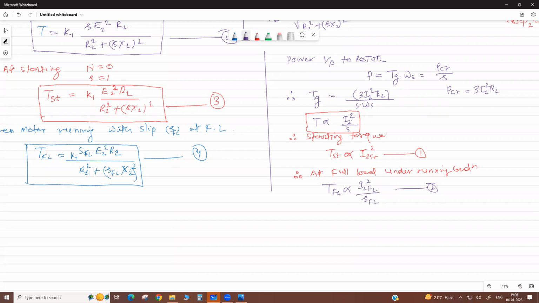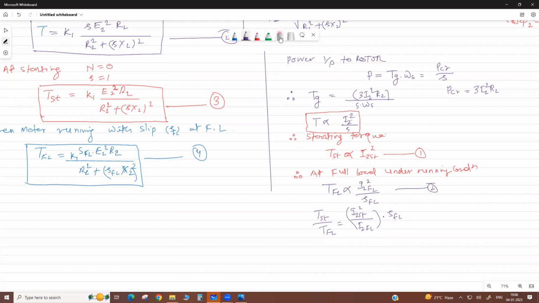Now if we divide this TST by TFL, you know what it comes: I2ST square by I2 full load square, correct? And into full load slip.